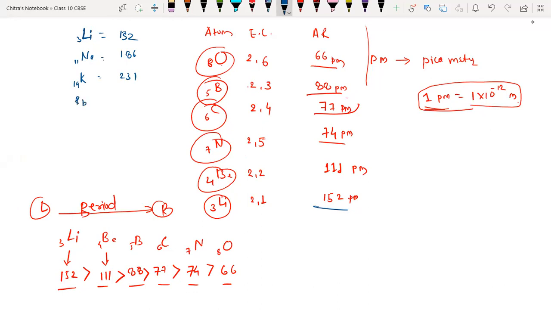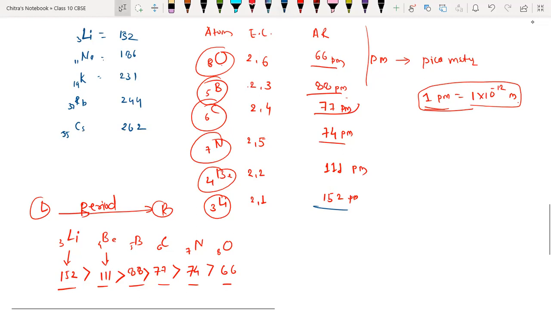Its atomic number is 37 and its atomic radius is 244. Then we have cesium, Cs. Its atomic number is 55 and its atomic radius is 262.